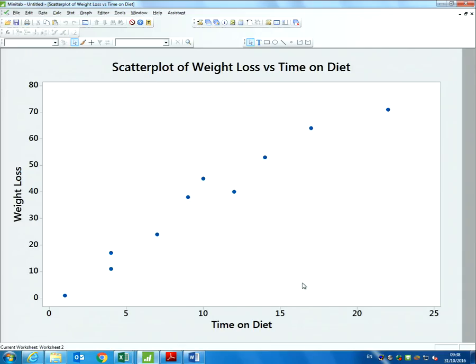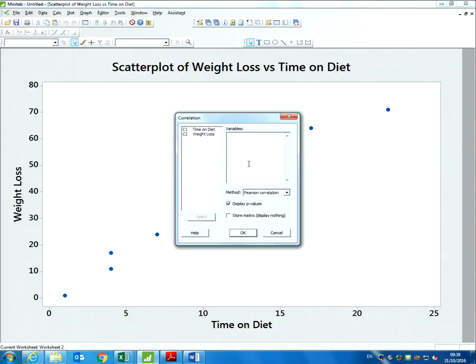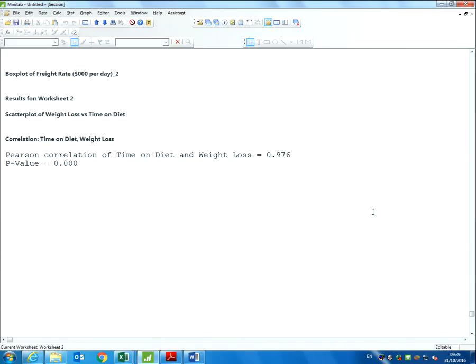So let's look at our data. What are we saying here? Positive, strong. So I will work out the correlation coefficient. You might have noticed there, when I used the command stat, basic stats, correlation, I just entered the variables in an arbitrary order.